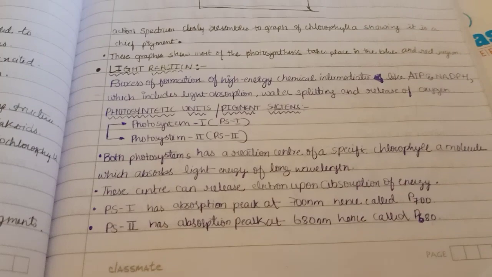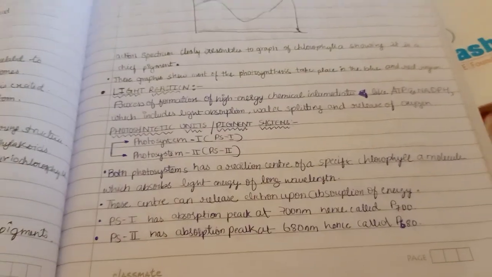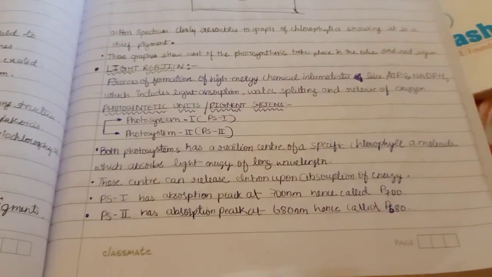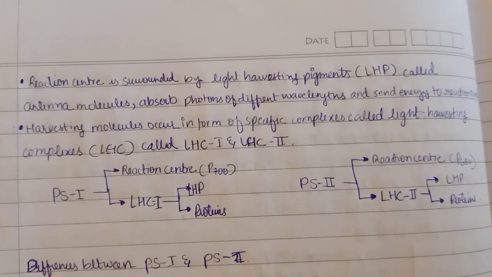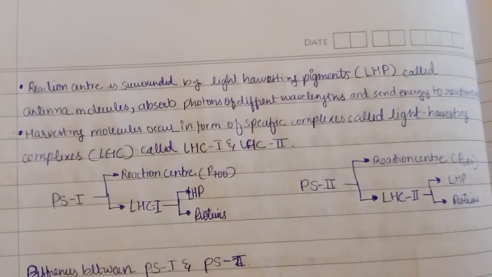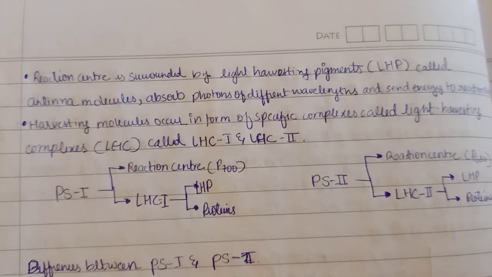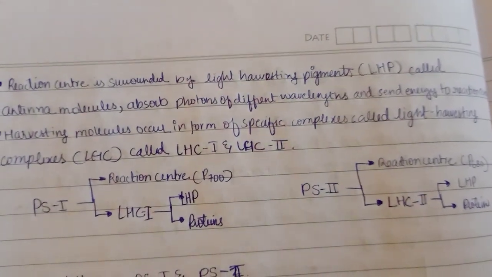PS1 has an absorption peak at 700 nanometer, hence called P700, whereas PS2 has an absorption peak at 680 nanometer, hence called P680. The reaction center is surrounded by light harvesting pigments (LHP) called antenna molecules, which absorb photons of different wavelengths and send energy to the reaction center.